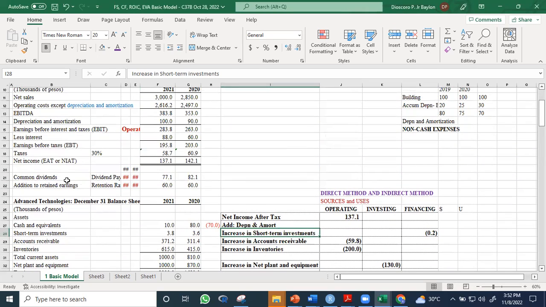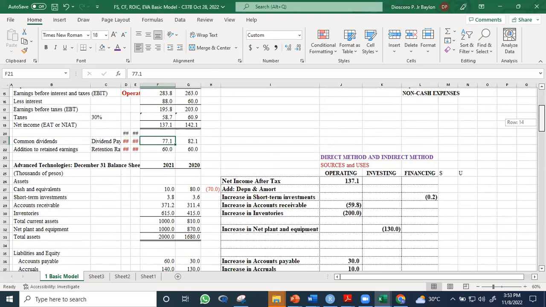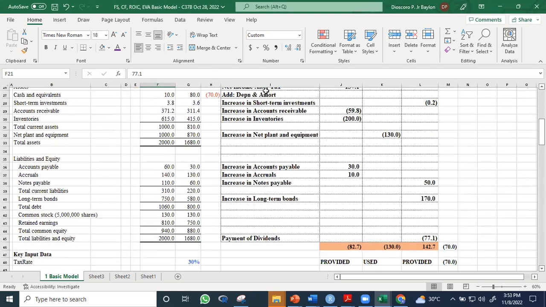Ito. Common dividends. So the company declared dividends and 77.1 out of the net income of 137.1 was distributed to the shareholders. So cash na binayad ng company dun sa mga shareholders. I hope that answers your question, Migs. So negative din siya. Take note, negative yan kasi naglabas ng cash yung company.